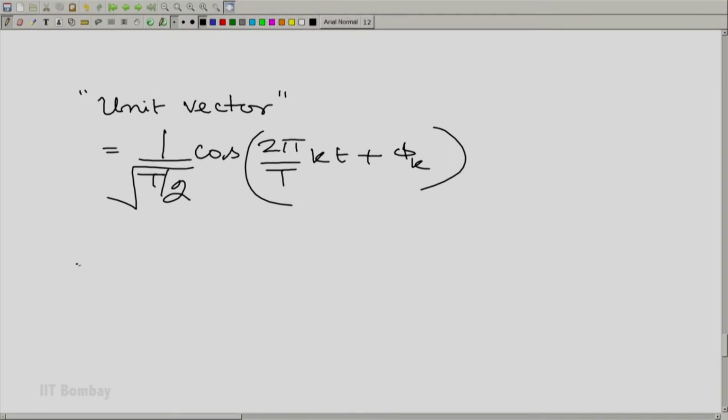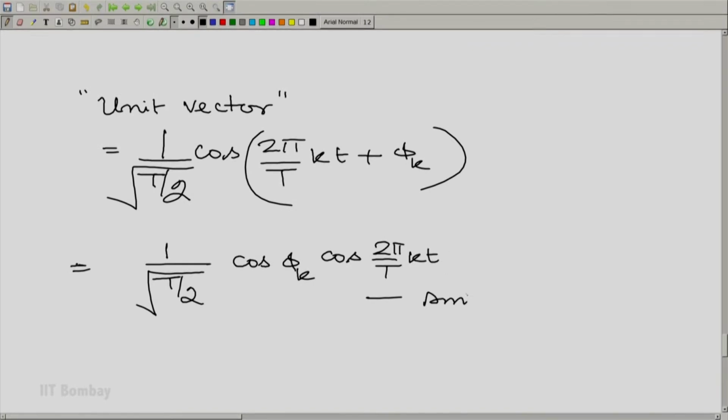Let me explain what I mean. So, I have here 1 by square root T by 2 times cos phi k cos 2 pi by T kt minus sin phi k sin 2 pi by T kt.